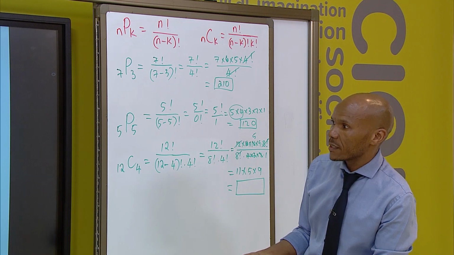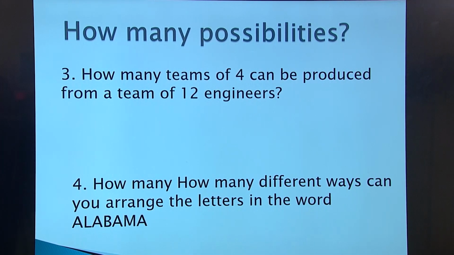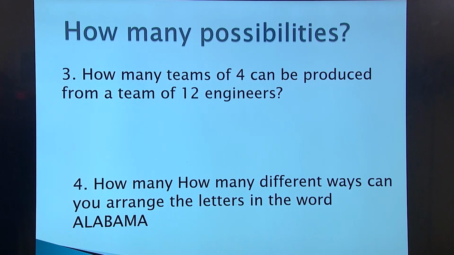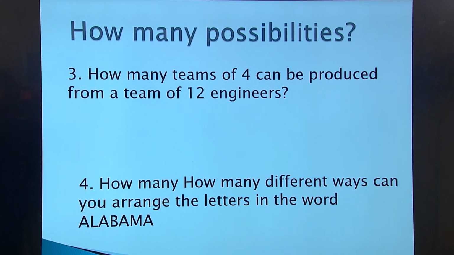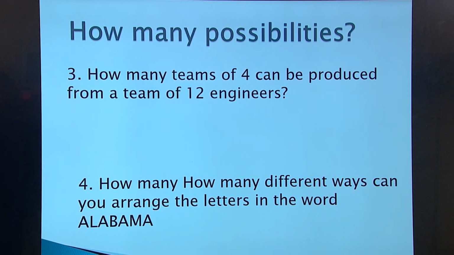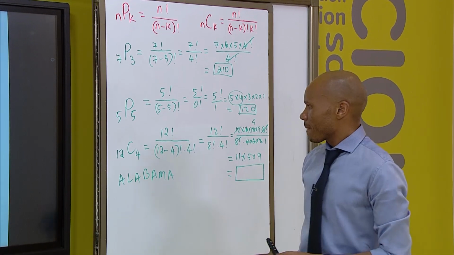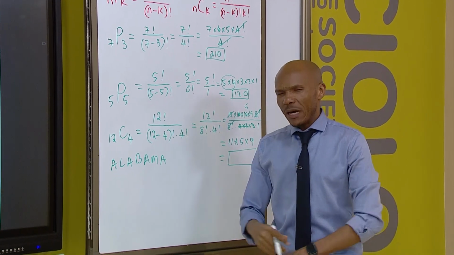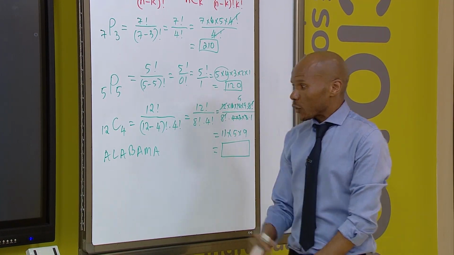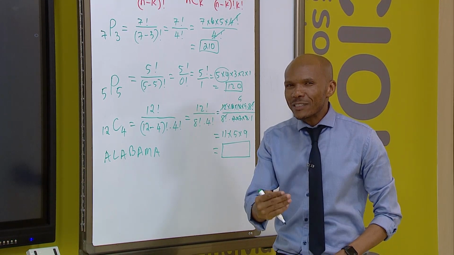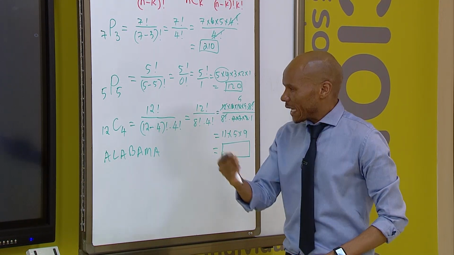Let's go to the next question. Now this is a bit different. Think about it. How many different ways can you arrange the letters in the word Alabama? So here you're asking yourself, what am I going to use, right? Here we're going to use the counting principle.